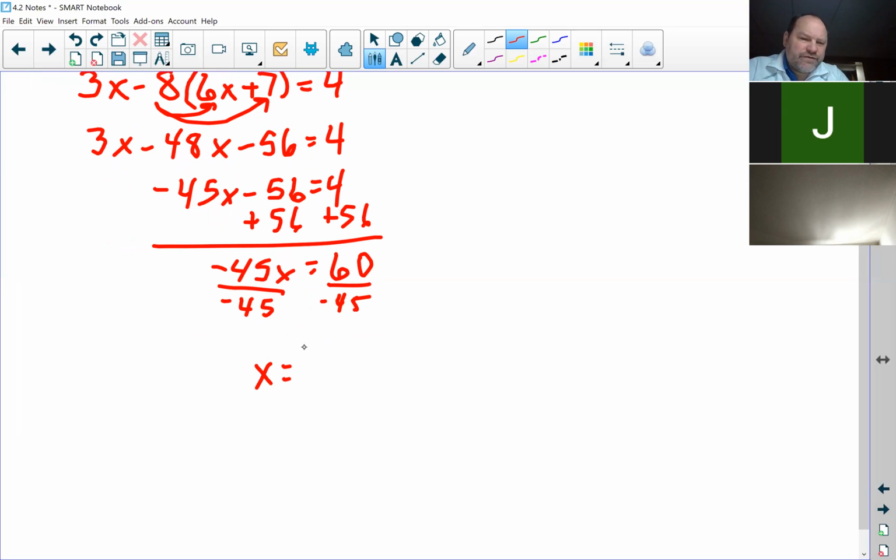And I should reduce if I can. Is there a number that divides evenly into both 60 and negative 45? The answer is yes. Actually, 15 will divide into both.